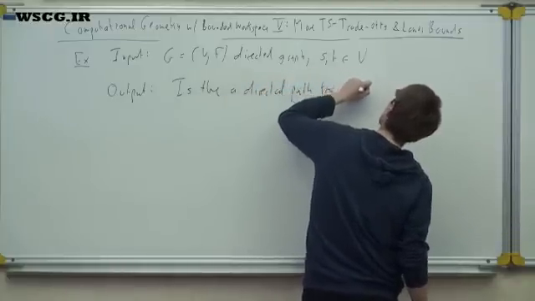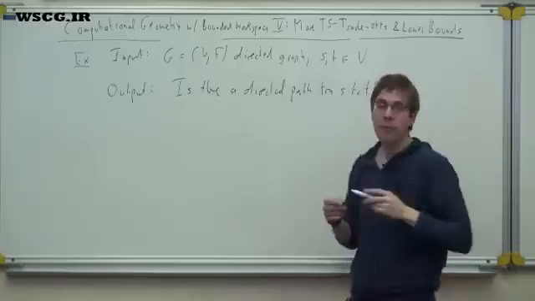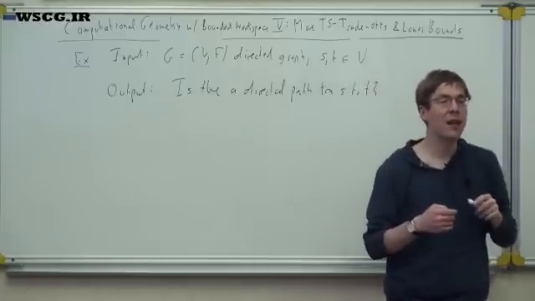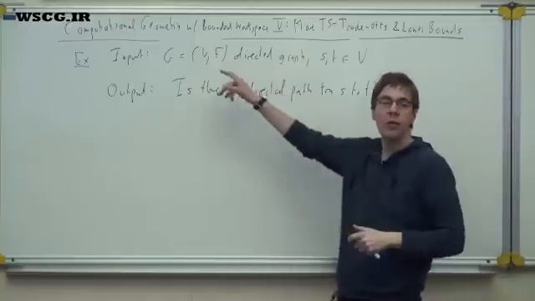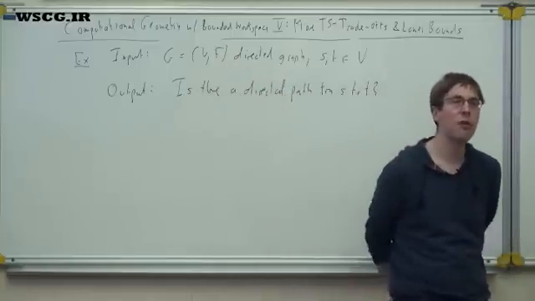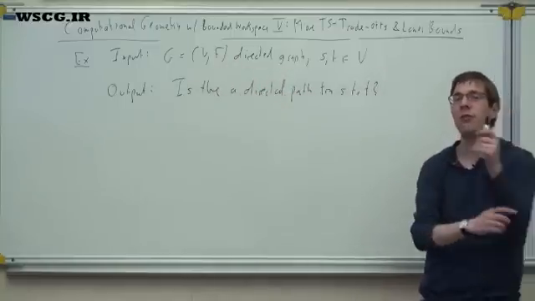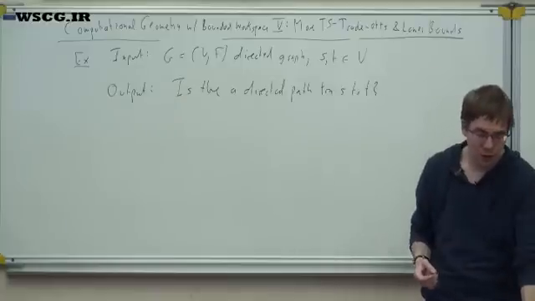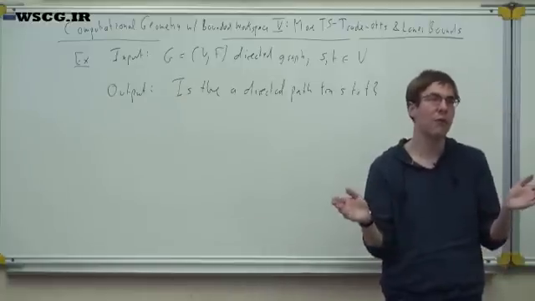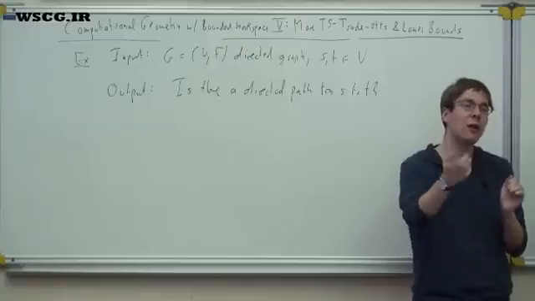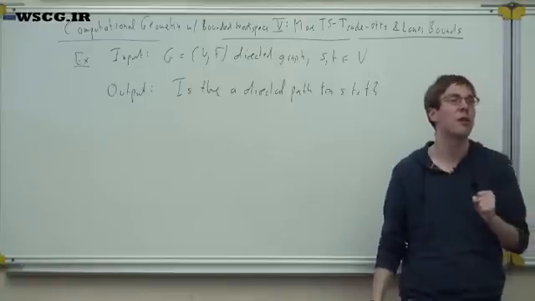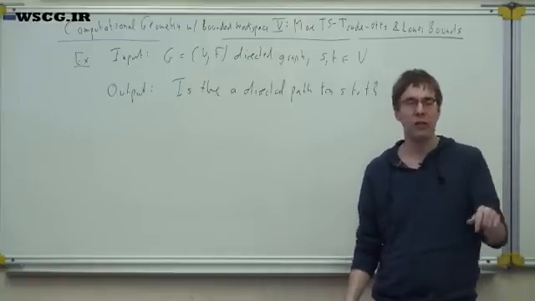And this problem lies in NL, in non-deterministic log space. With a non-deterministic algorithm, you can very easily solve it because you can just guess a path from S to T, and then you follow the path through the graph to see whether it's valid, whether the edges which we guess are there actually exist.